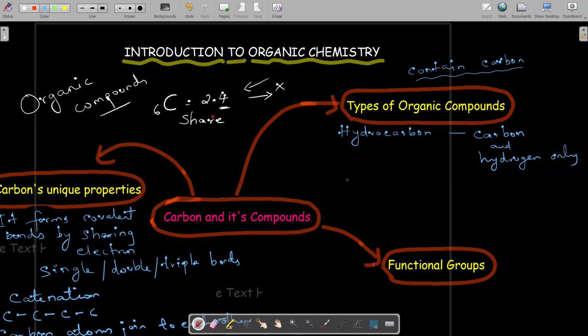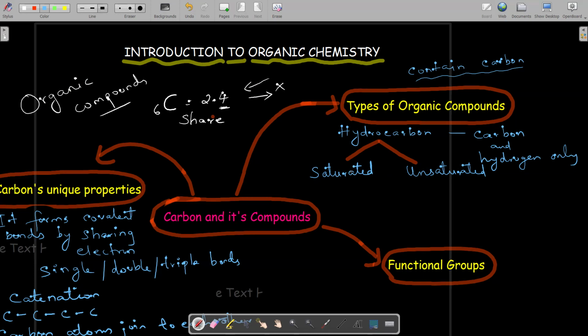And these hydrocarbons are divided into saturated and unsaturated hydrocarbons. So don't get confused. Now let's look at what are saturated hydrocarbons.